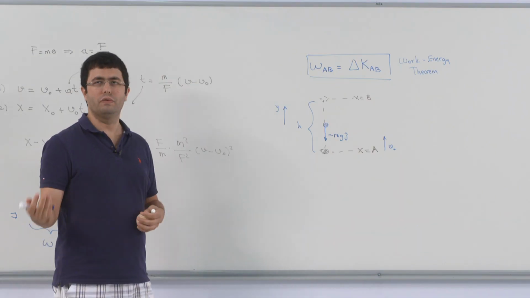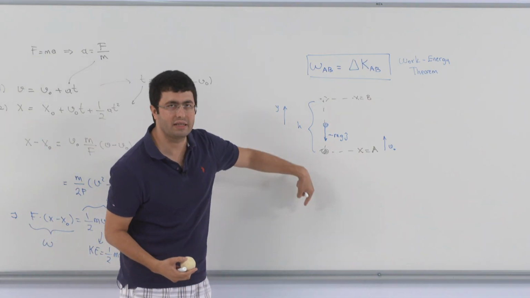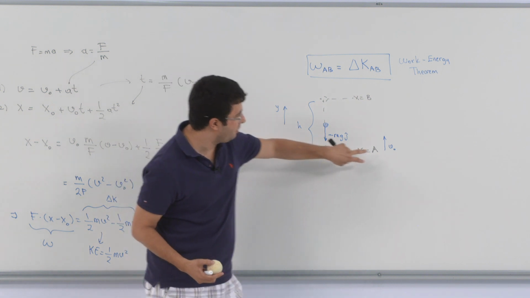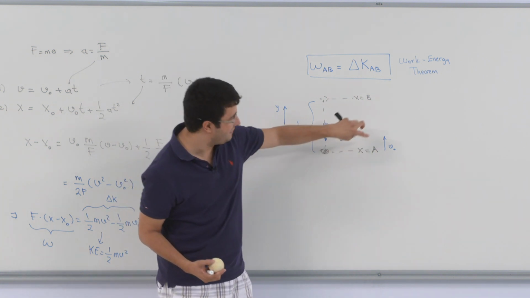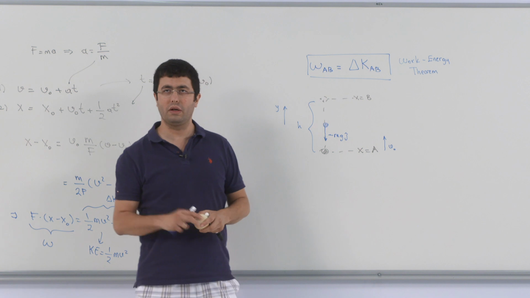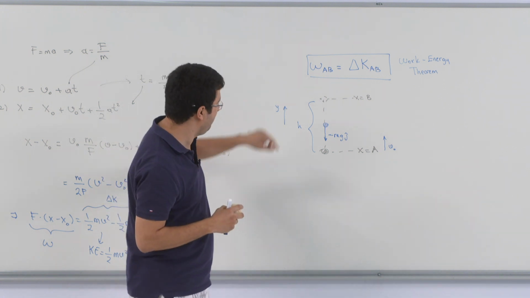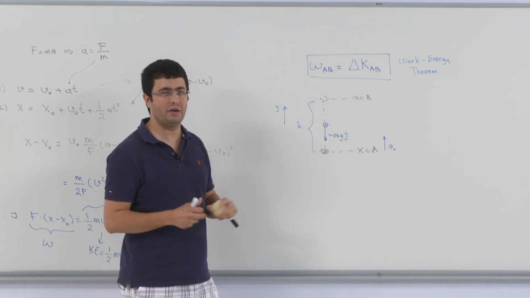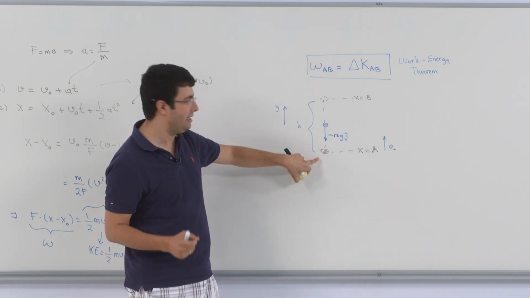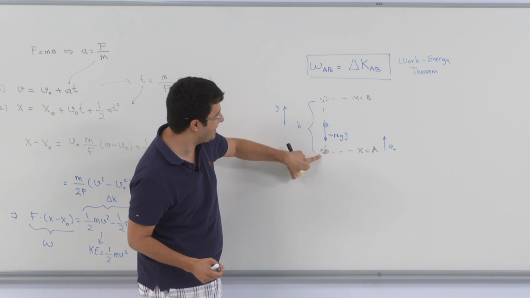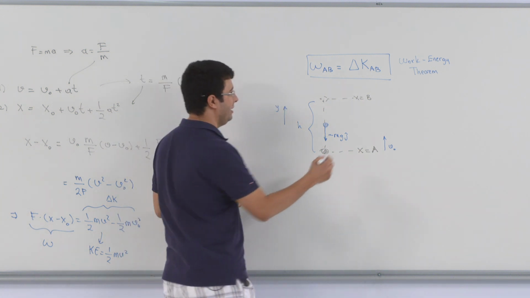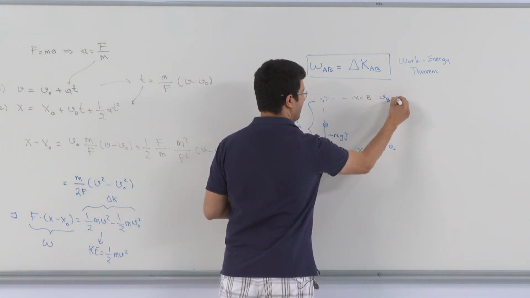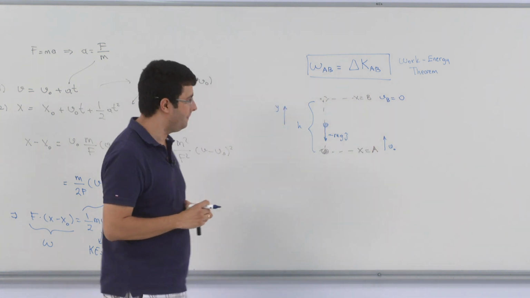And I let gravity do work. Gravity is in the opposite direction. Therefore, my baseball will decelerate. So this velocity, v0, will get smaller and smaller, and at some point, which I expect is x equal to b, it will be 0. So by using gravity, I'll take my baseball from x equal to a to x equal to b. So here, at xb, vb is just 0.